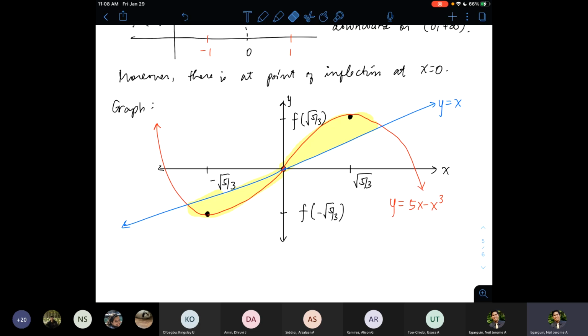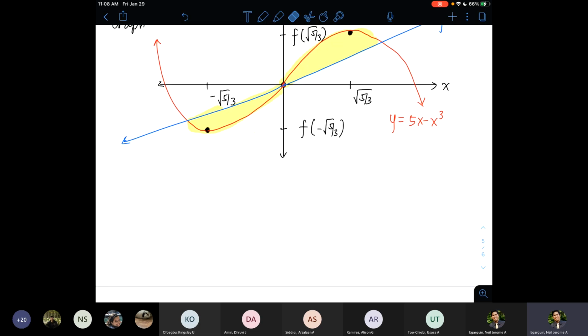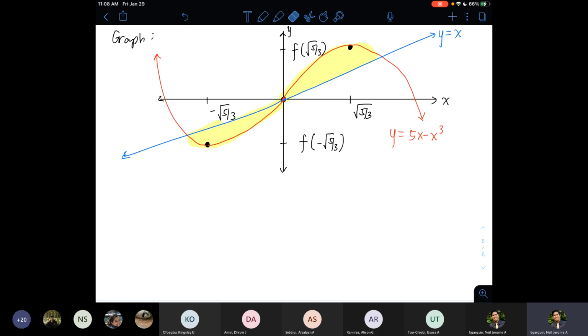And then here I will decide to use vertical strips, and I will tell you later why I feel it's more convenient to use vertical strips than horizontal strips here. Because what I'll do is, okay, I'll draw a vertical strip over here. And remember, the integrand depends on the height of this vertical strip.